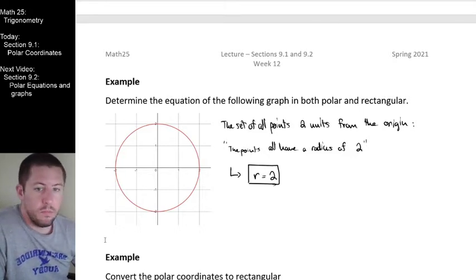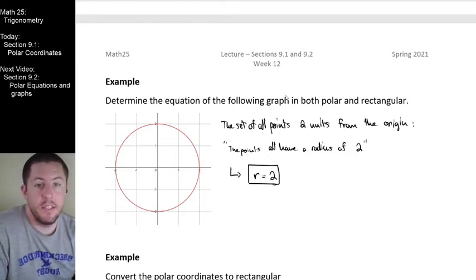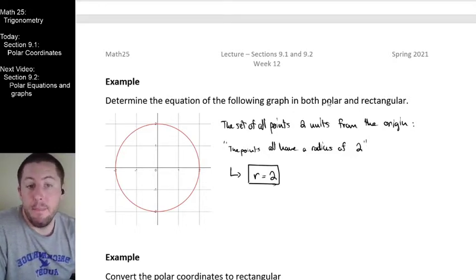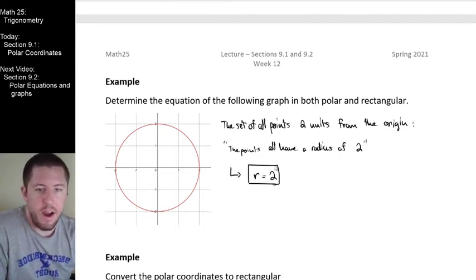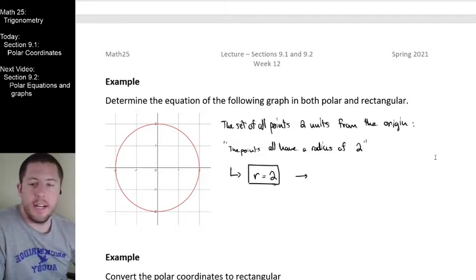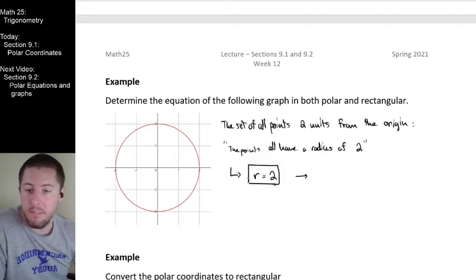So my instruction here says determine the equation for the following graph in both polar and rectangular. This is my polar equation of this graph. Now I'm thinking, can I convert this into rectangular? And the answer is yes, because I know a way to convert r information into x and y information.